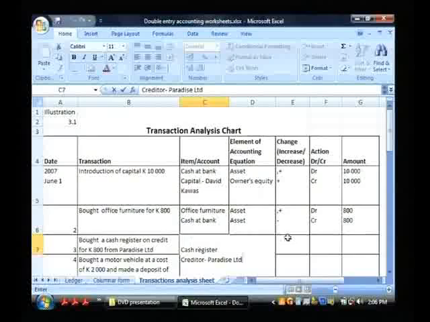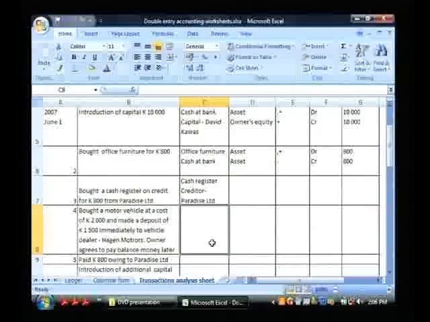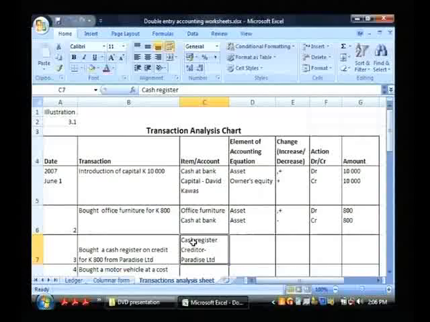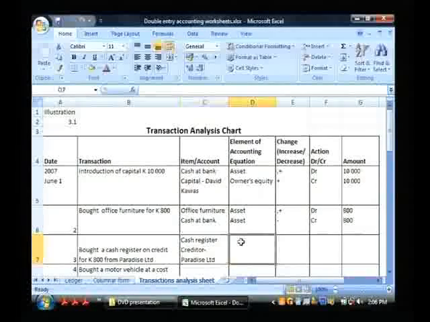So we purchase a cash register from Paradise Limited, therefore the accounts involved are cash register and creditor. Creditor means a liability.